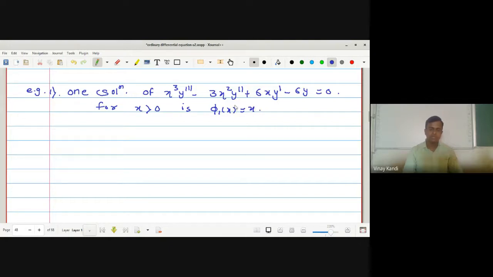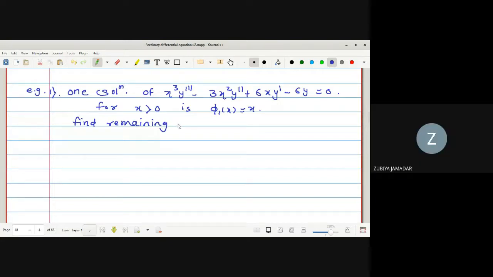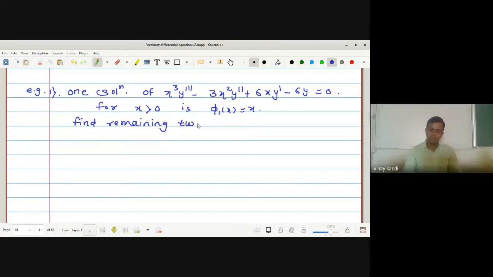This is the one solution given. Find the remaining two linearly independent solutions for x greater than 0.